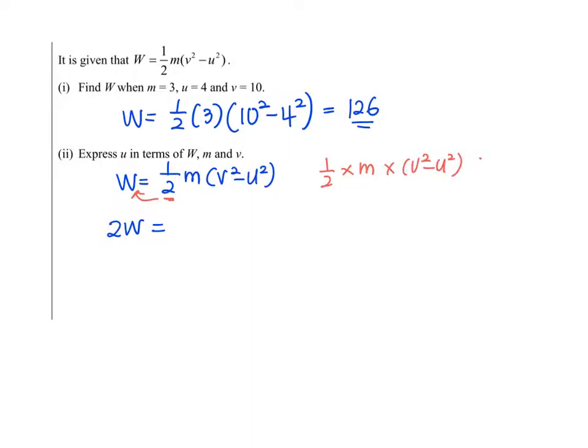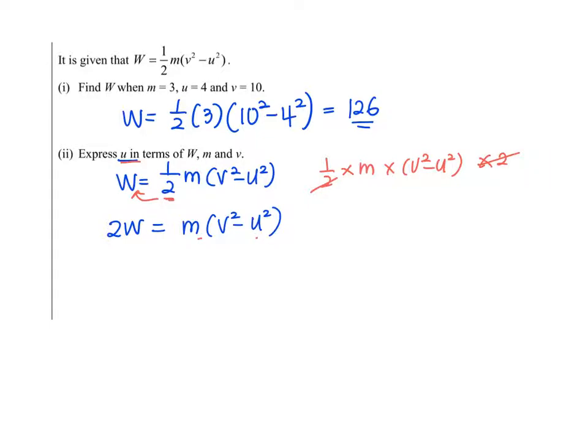So if we're going to multiply by a 2, the 2 and the 2 will cancel away. So we'll be left with just M V square minus U square. Now, what do we want to make as a subject? We want U. U is now trapped inside my bracket.